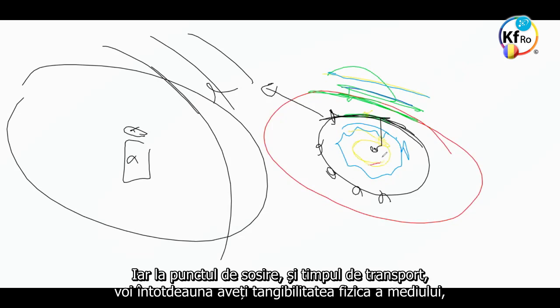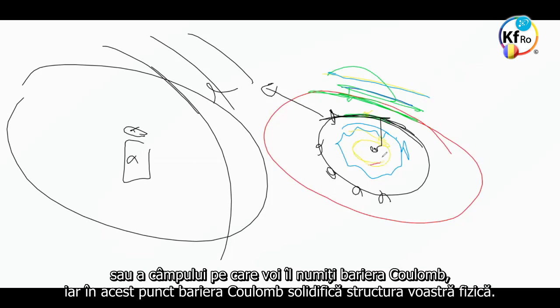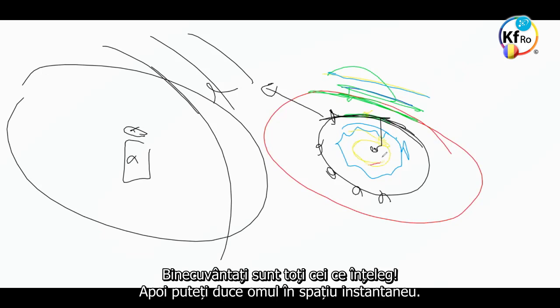At the point of arrival and the transportation time, you always have the physical tangibility of containment or field, which you call the Coulomb's barrier. At this point the Coulomb's barrier at a certain point solidifies, gives you physical structure. Blessed are those who understand. Then you can take man to space in no time.